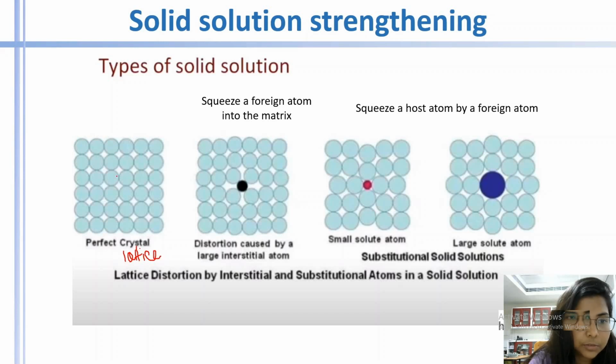This is a perfect lattice where all the atoms are sitting on the lattice positions. They're perfectly ordered.